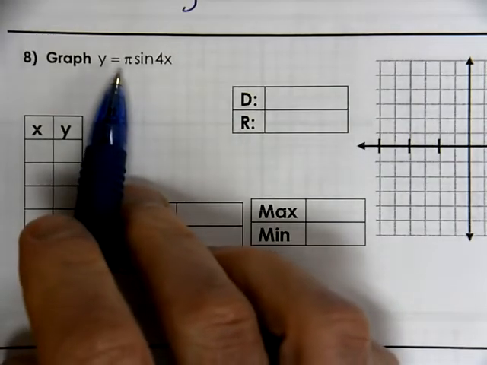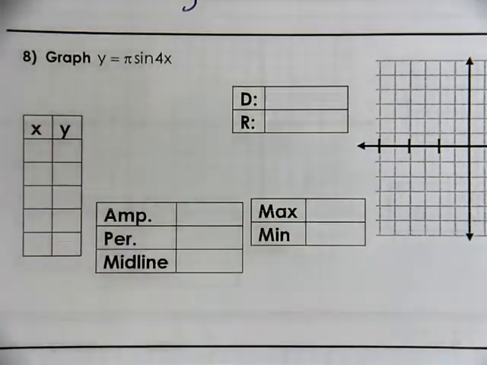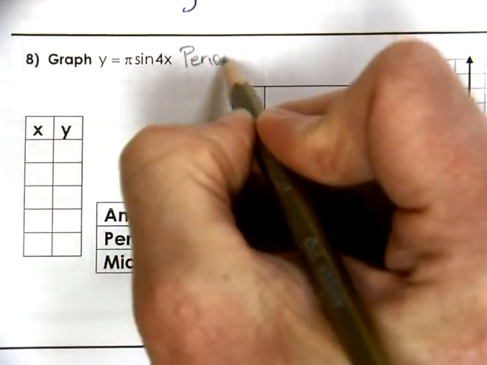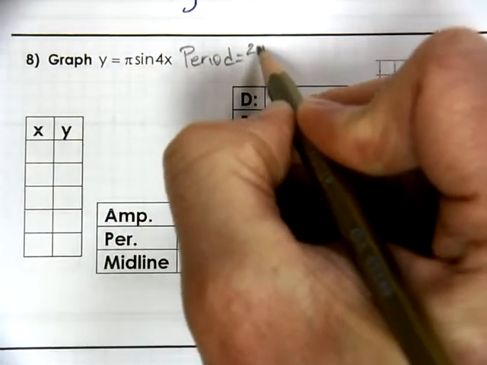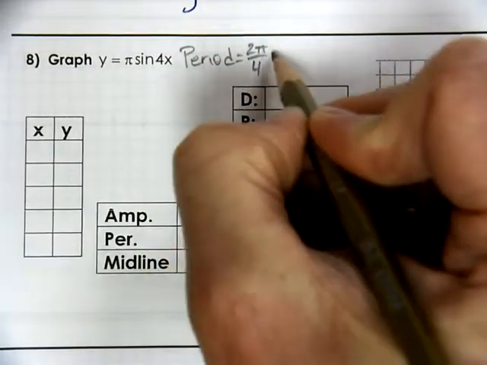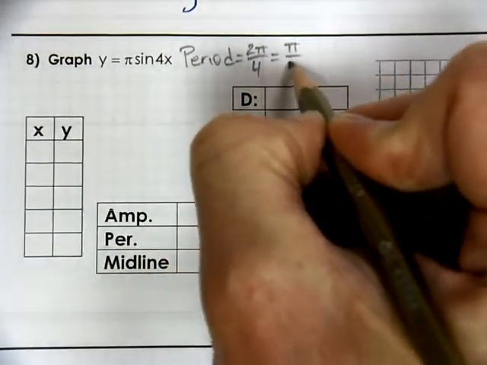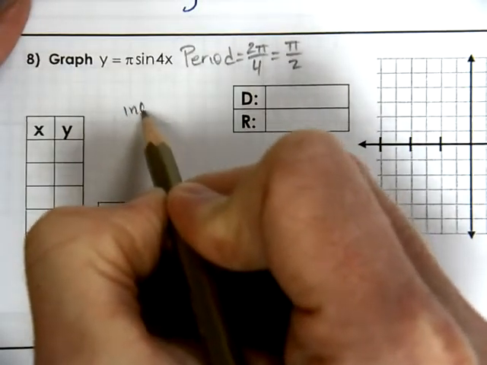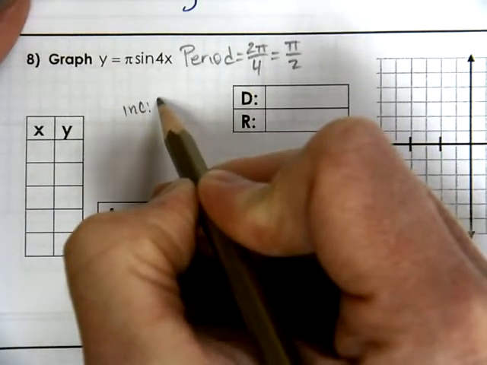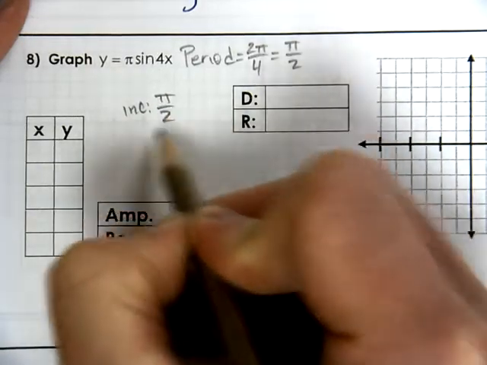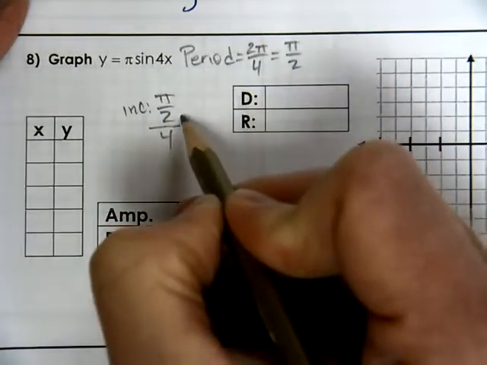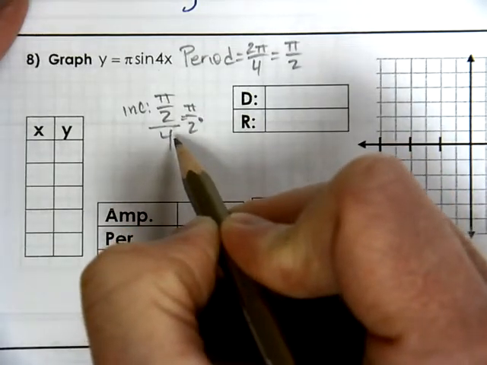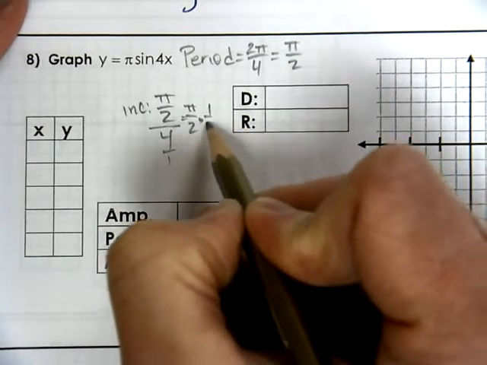Here we have an a value of pi and a b value of 4. If it has a b value, we need to calculate the period, and that's 2 pi divided by b, so that's going to be pi over 2. Then we calculate the increment, which is the period divided by 4. To do that, we take the period and multiply by the reciprocal of the denominator, so that's going to be 1 over 4.